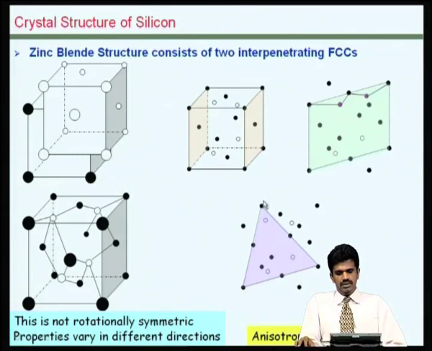Similarly, in a 111 plane, from the unit cell, these 6 atoms are on the surface. These 6 atoms are very strongly bonded to atoms close to them underneath within the unit cell.